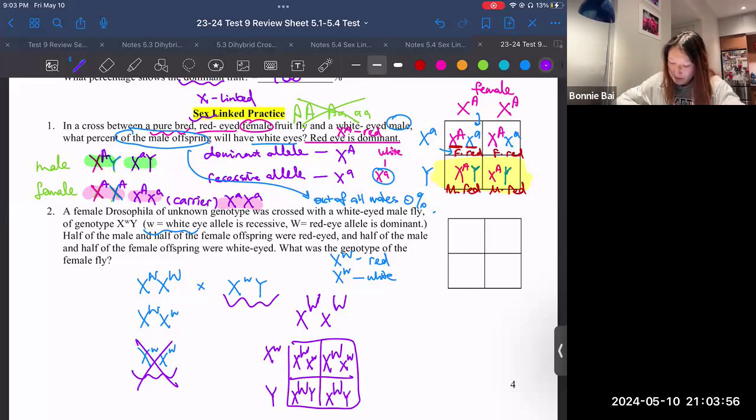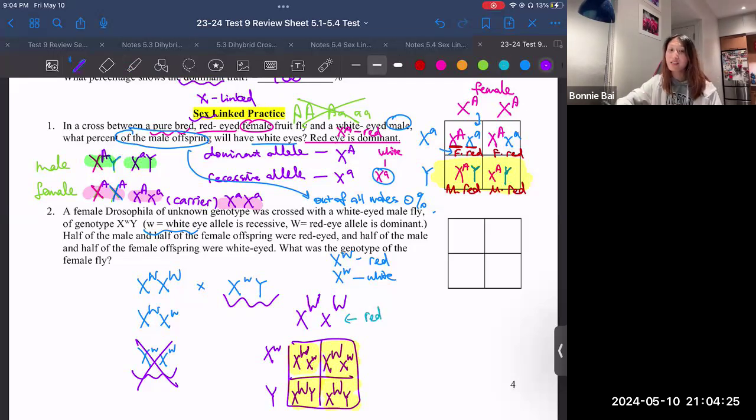Okay, so what does that tell us? We're ending up with, let's see, this one is a female red eye. Female red eye as well. Oh, wait. Everybody has red eye. Well, that doesn't work, does it? If mom only has the red eye allele, this is all red, right?